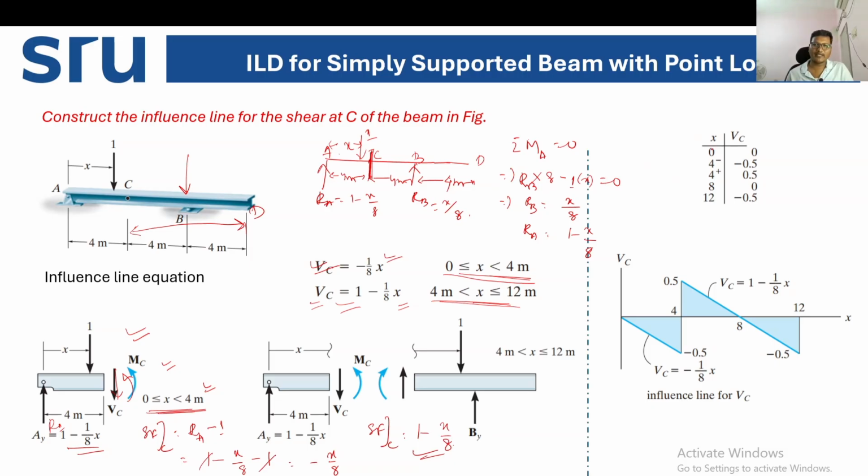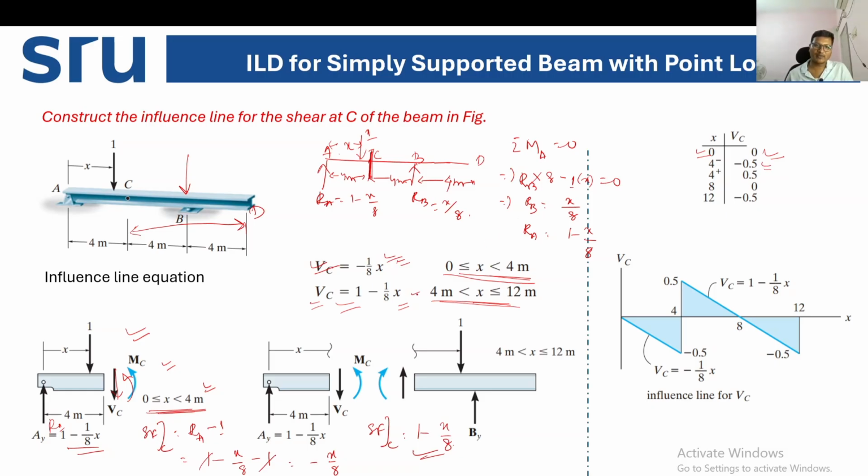What is the value of x? Let's say the value of x is equal to 0. That means your unit load is on point A. The shear force at C, put the x value 0 here, so it is 0. If the x value is 4, in this equation it will be minus 1 by 8 into 4, so minus 0.5.